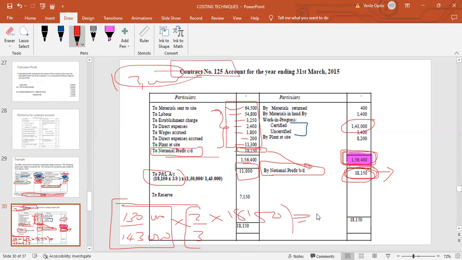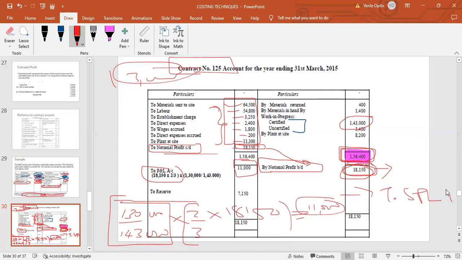When you obtain the answer, we get a total of 11,000. You transfer this 11,000 to the statement of profit or loss, and it is going to be credited with an income of 11,000. So the amount to be transferred will be equal to 11,000.